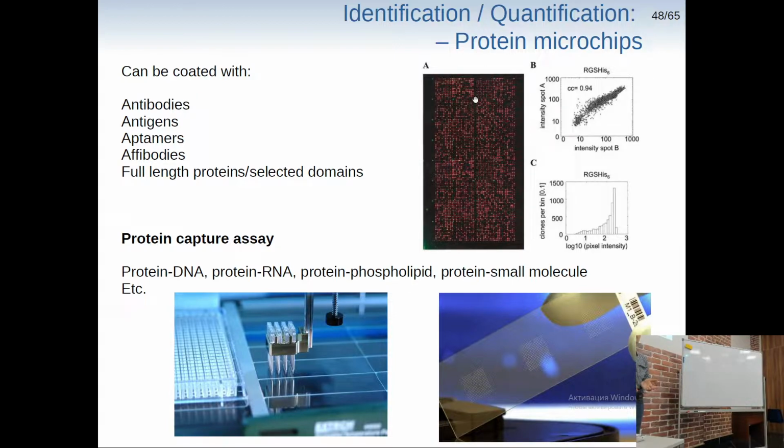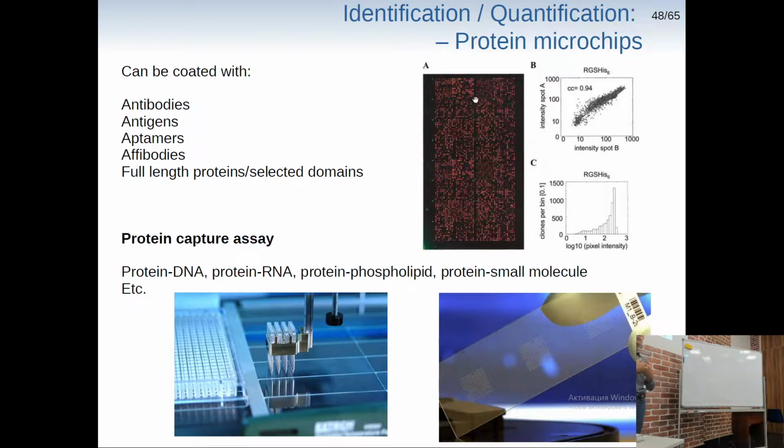And then you can stain it and see what the intensity of those dots is. So this method either allows you to identify this protein if a known kind of antibodies were used, or you can even see what kind of different proteins can interact with your protein.